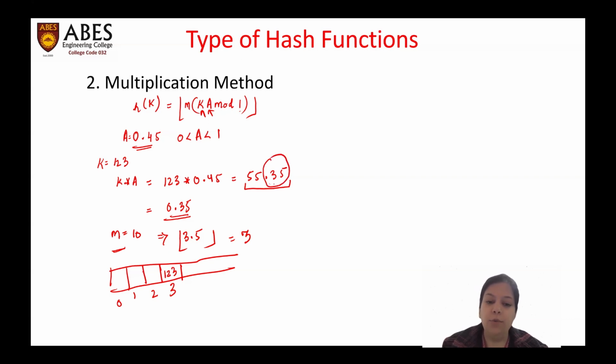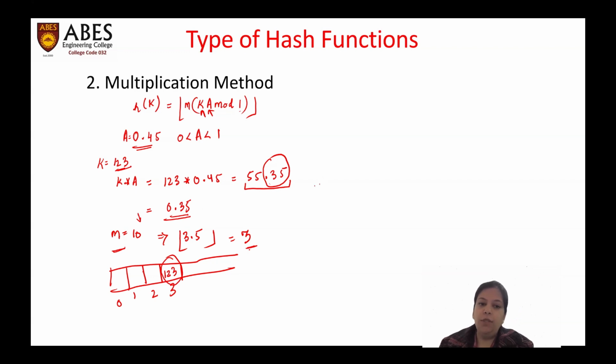And then we are going to multiply it with the table size. Here the table size is 10, so we have multiplied it with 10. If the table size would have been 100, then we would have multiplied it with 100 so that we will get 2 digits and we can easily map it from 0 to 99. So here we have got the number 3. That means the key value 123 will be mapped to the index 3 in the table.